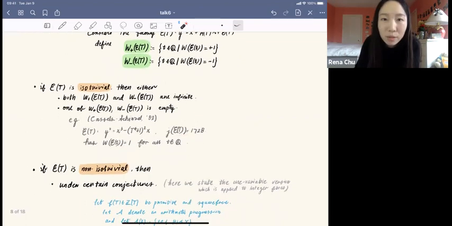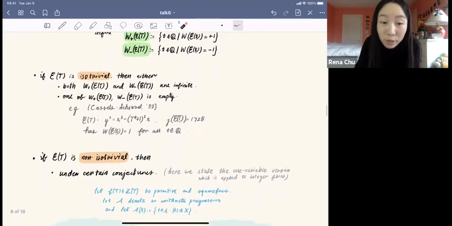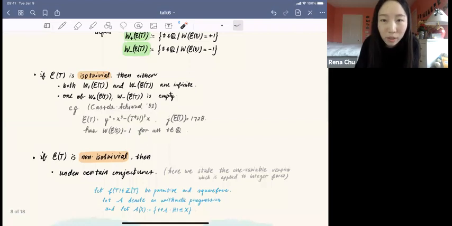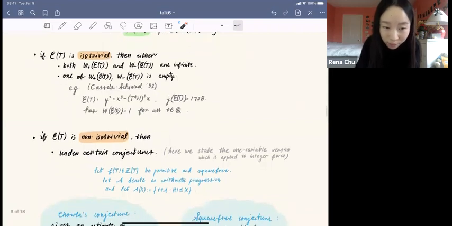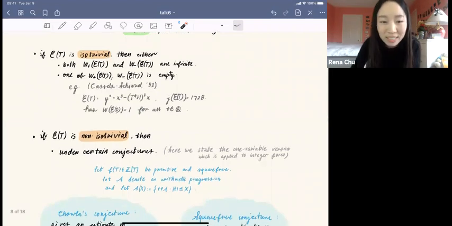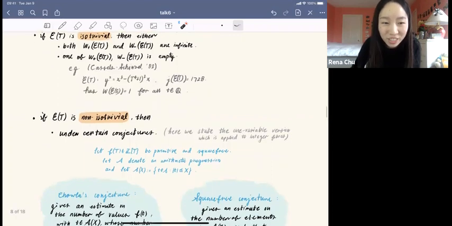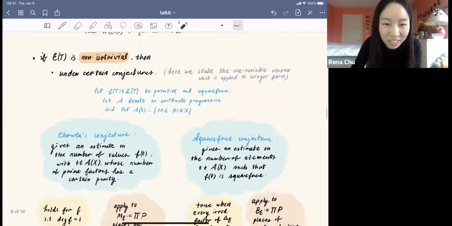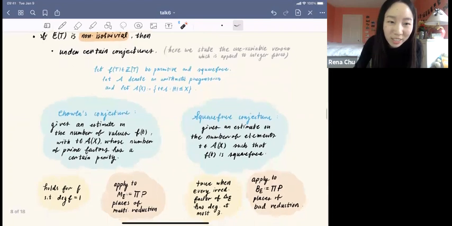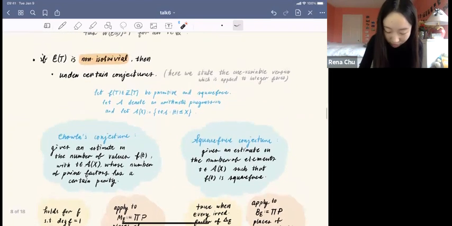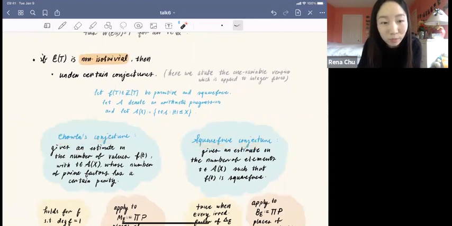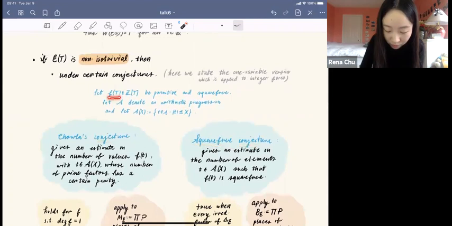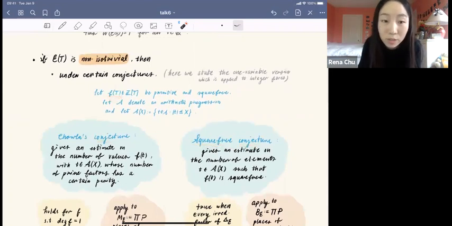Now, if the family is non-isotrivial, then under certain conjectures, I will briefly state what these conjectures are. They are the Chowla conjecture and the squarefree conjecture. Essentially, this has to do with being given a polynomial with integer coefficients that is primitive and squarefree.